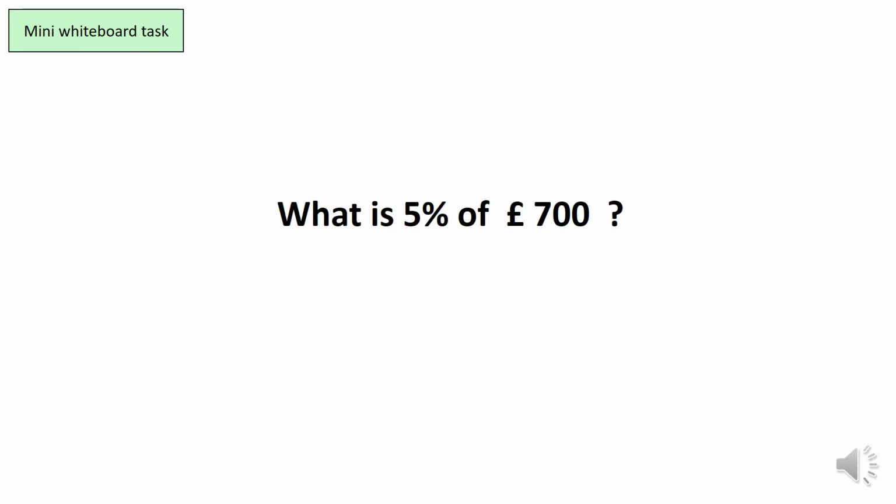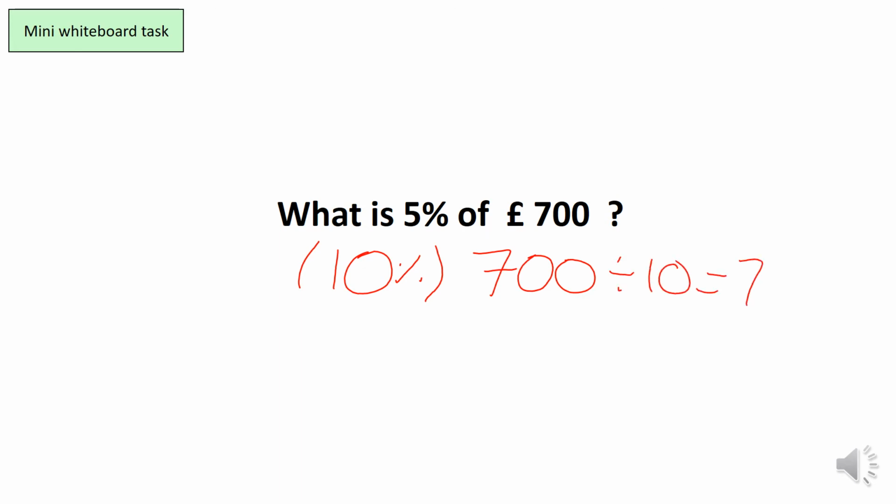Okay. Can you please have a go at this mini whiteboard task, and once you are finished, can you please come back? Okay, welcome back. So, to find 5%, I must first find 10%. To find 10%, I'll do 700 divided by 10, which is equal to 70. Now to find 5%, I'm just going to divide it by 2.